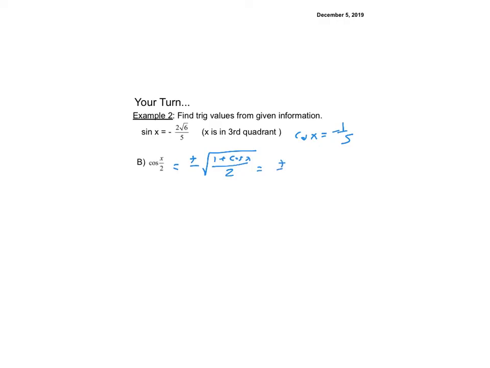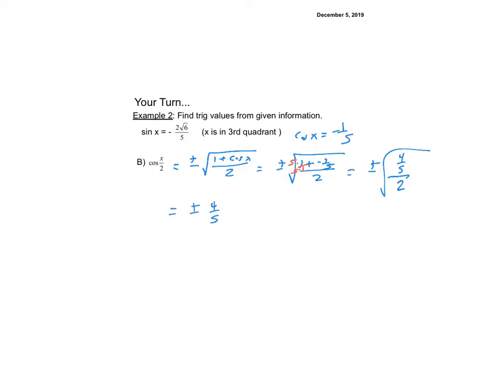So that's plus or minus 1 plus negative 1/5 divided by 2. I'm going to have to get a common denominator. Common denominator is going to be 5. So 5 plus a negative 1 is 4/5, divided by 2.